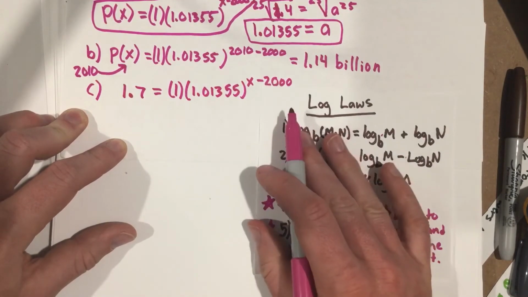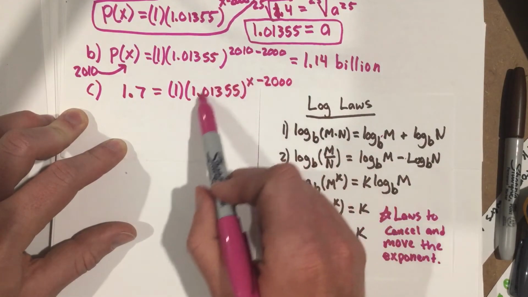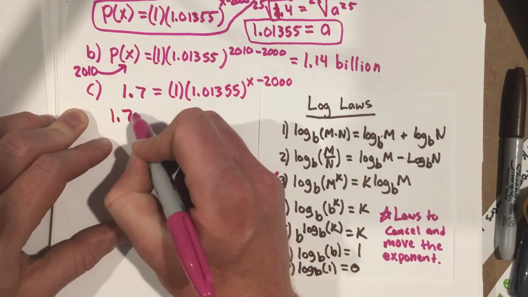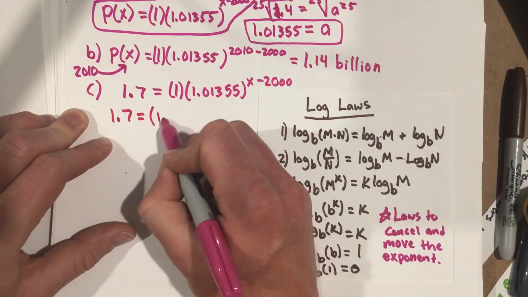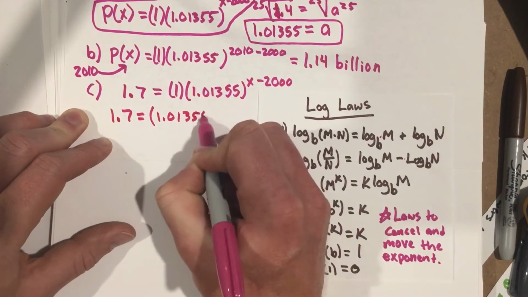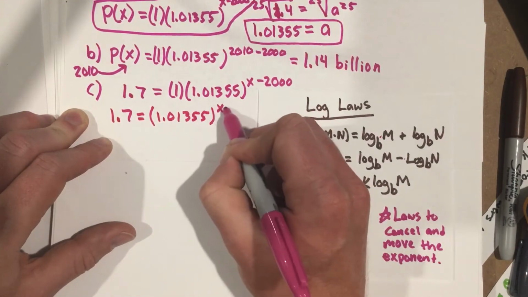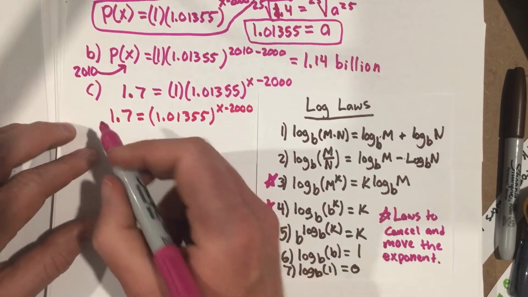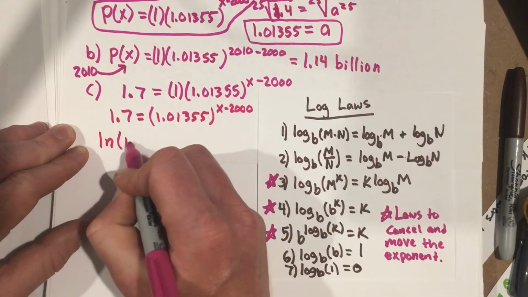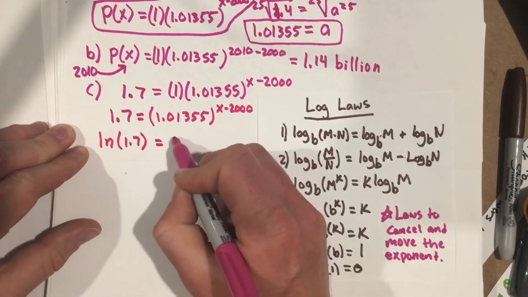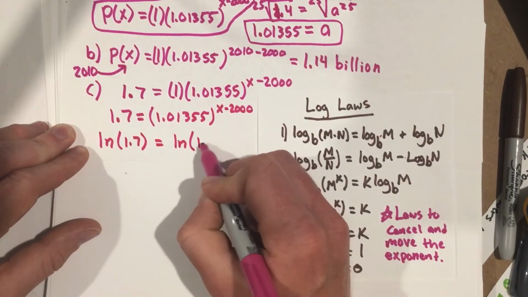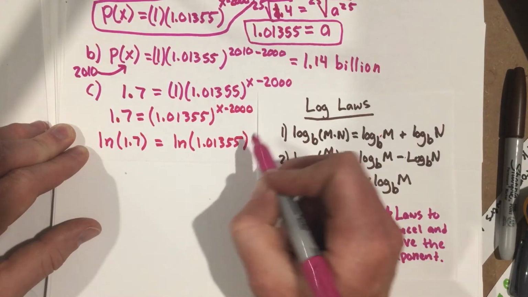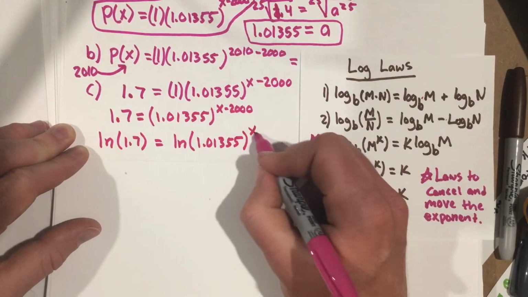So first of all, I want to isolate this exponential. I'm going to divide by 1. That's not going to change anything. So I'm going to write 1.7 equals 1.01355 to the x minus 2000. Now I'm going to take the natural log of each side. So I get natural log 1.7 equals natural log 1.01355 to the x minus 2000.